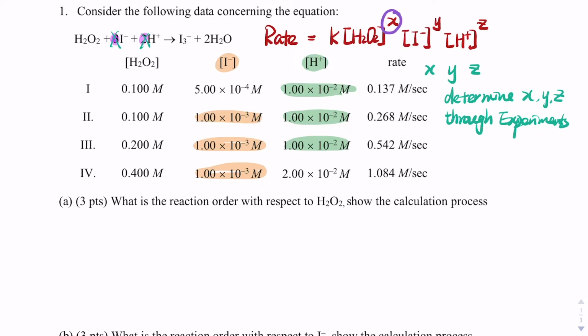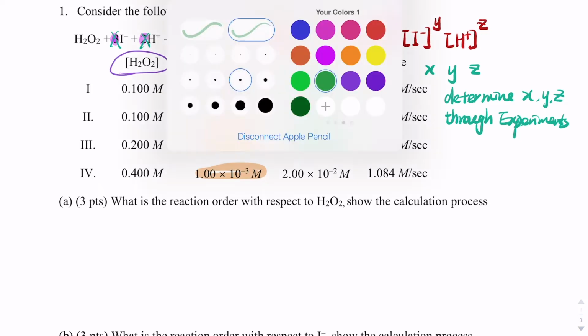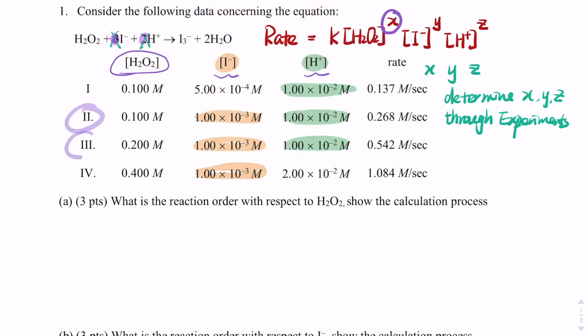If my goal is to figure out the reaction order with respect to the first reactant H2O2, I need to keep both I minus and H plus constant at the same time. The overlap will be 2 and 3.